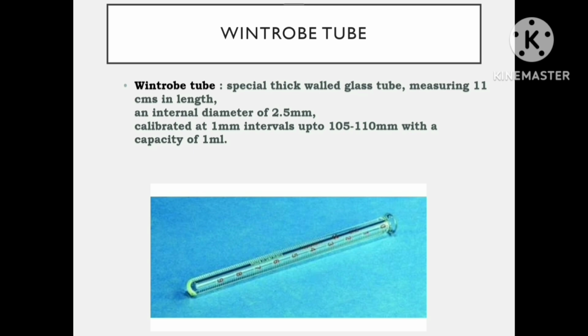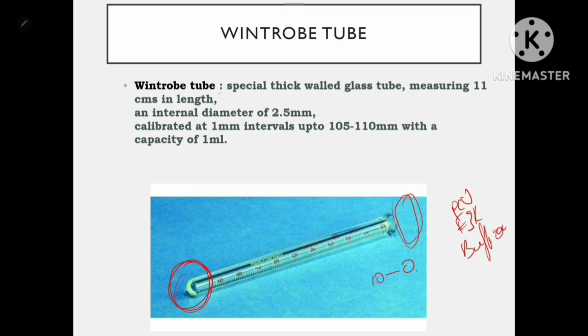So next common thing is Wintrobe's tube. Always remember, the Wintrobe's tube will be closed at one end and open at one end, and the graduation will be from 10 to 0. It is basically used for PCV, ESR and also buffy coat.